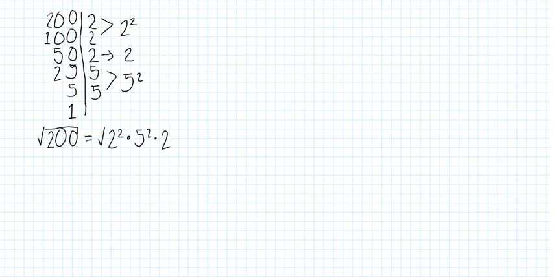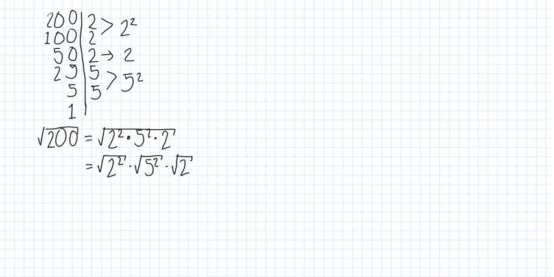So we close the root, and later we separate the roots into three parts: the square root of 2 squared times the square root of 5 squared, and finally the square root of 2. This is a property of multiplication of square roots.